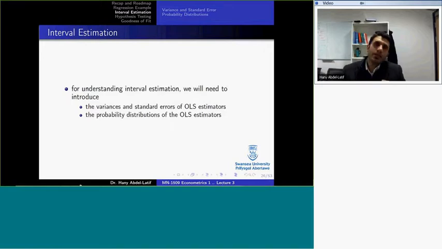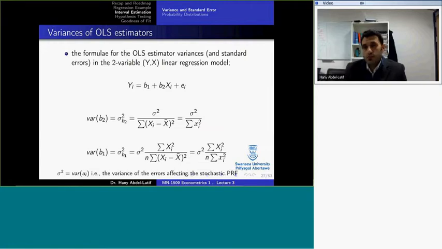To know how to construct this confidence interval, you need to learn about the variances and the standard error of the OLS estimator, and you need to understand the probability distribution of the OLS estimator. So let's take the most basic example of a regression model, the simple regression model, like the one that we have now.